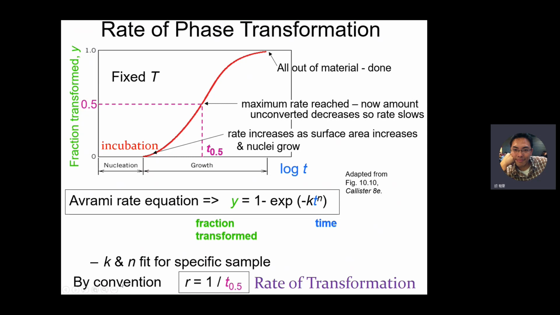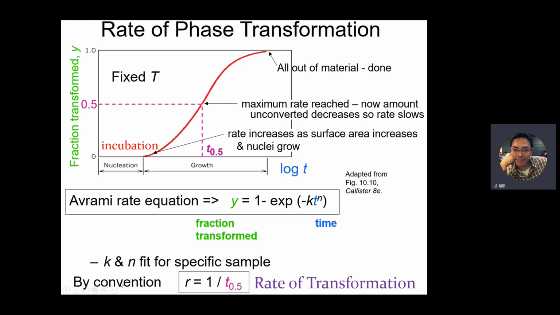Okay, so after we run the experiment, we can define the degree of transformation, right? And we can plot this figure. It's the fraction transformed versus time on a log scale. When the time reaches 50% of the fraction transformation, the phase transformation, we define it.